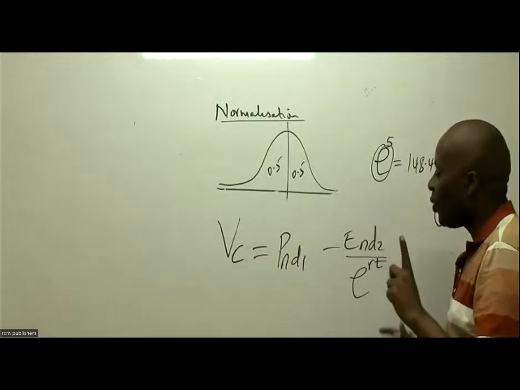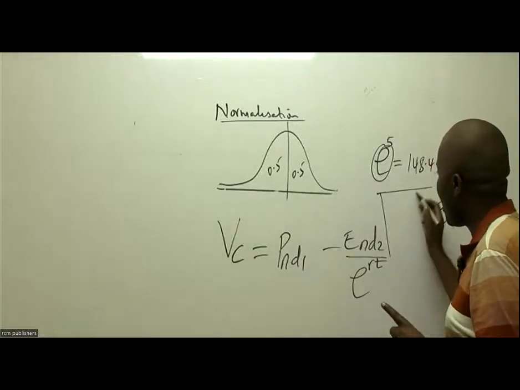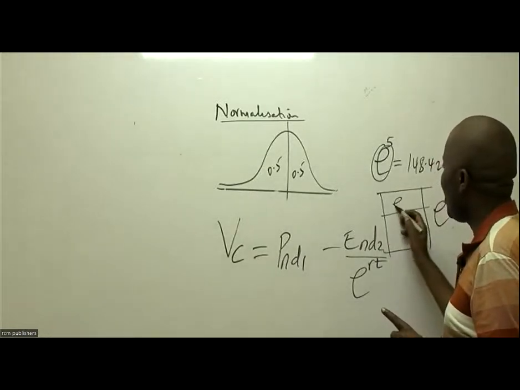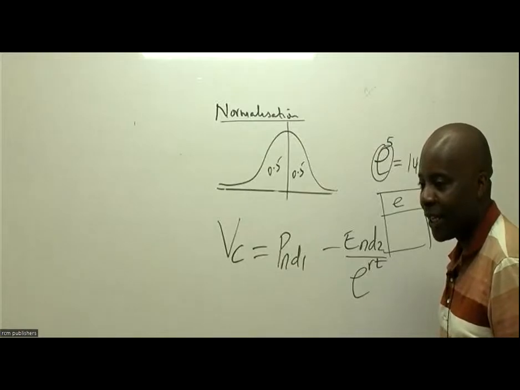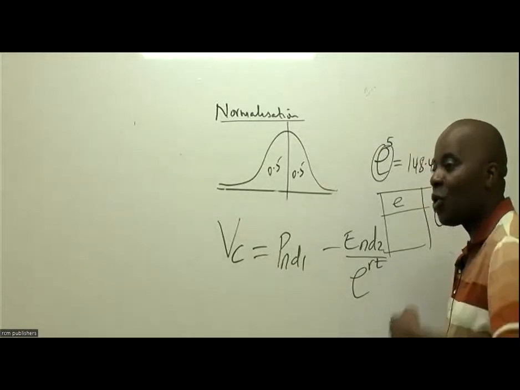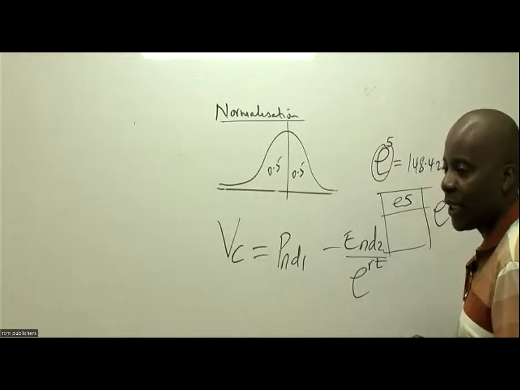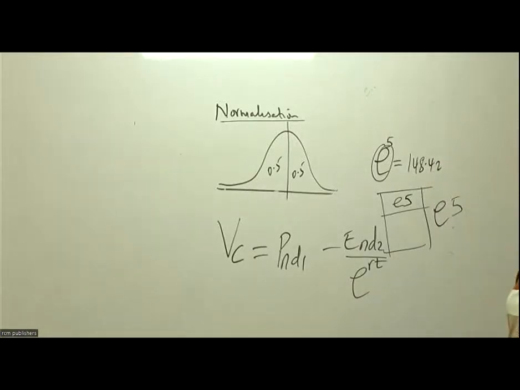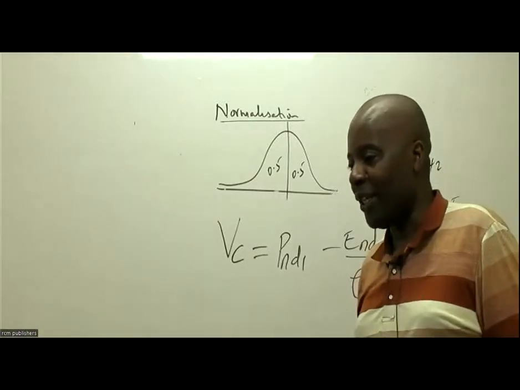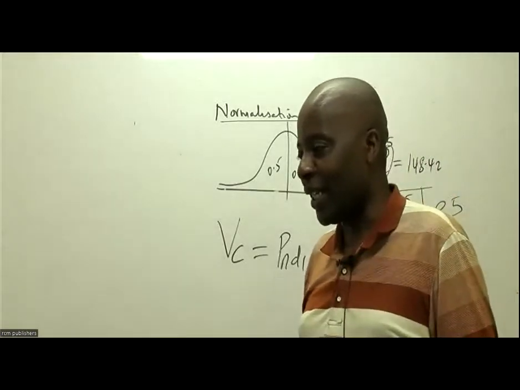Once you do that, Eliza, you'll see a small e being displayed on your screen. Once it pops up, don't raise again. Just come and by the side say 5, and then you say equals. So what are we getting there, Eliza?